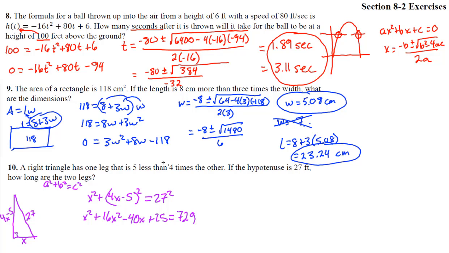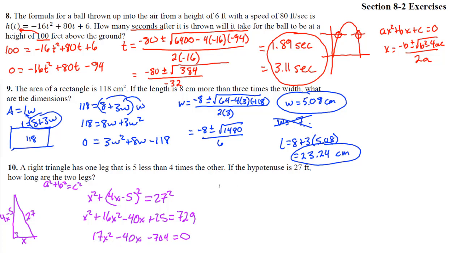Okay, let's get them all together so that we can use a quadratic formula. So we get 17x squared minus 40x minus 704 equals 0. Wow, huge. Oh my goodness. Okay, so now we can use the quadratic formula though. Look at that. If you tried factoring this or completing the square, that'd just be horrible.